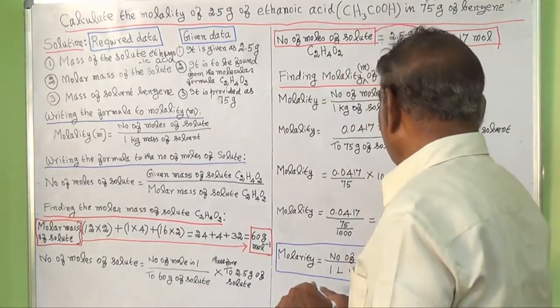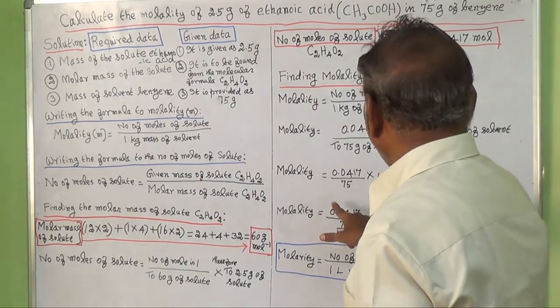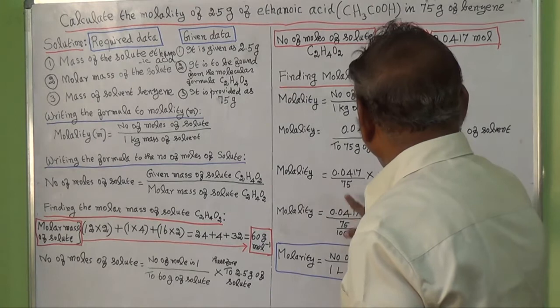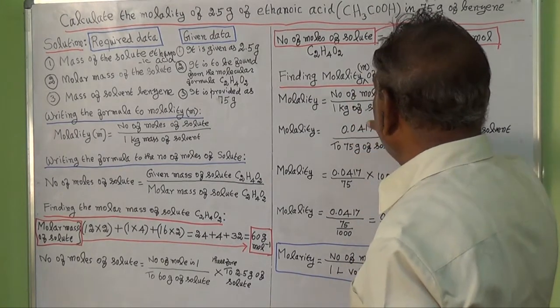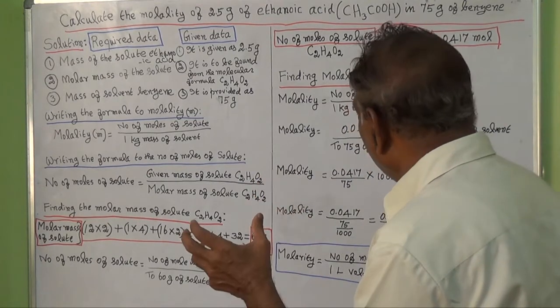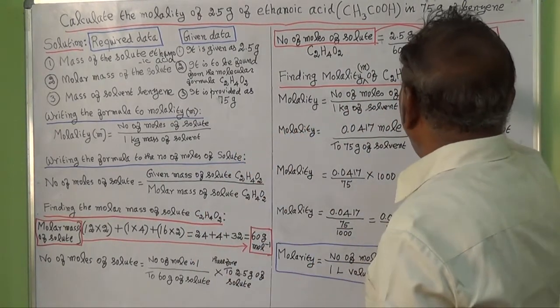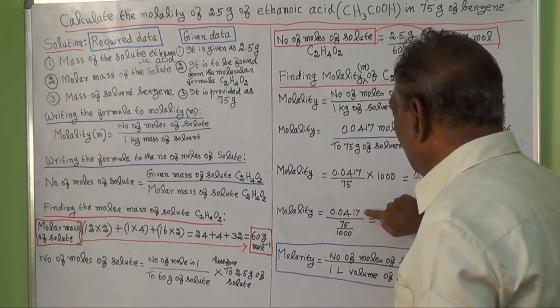We can also find the molality in another way. What is that? Molality equals the number of moles of the solute by 1 kilogram of solvent. What is the number of moles of the solute we have determined? We have determined the number of moles of the solute as 0.0417 mole. So it is written in the numerator.